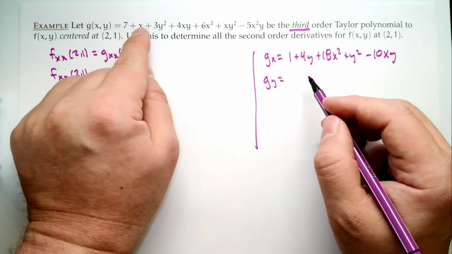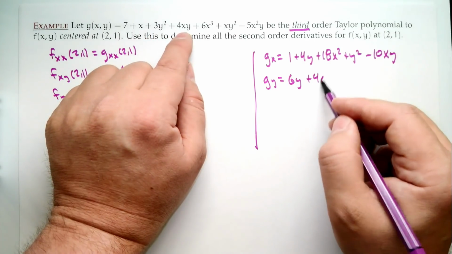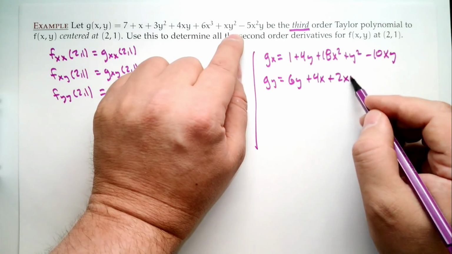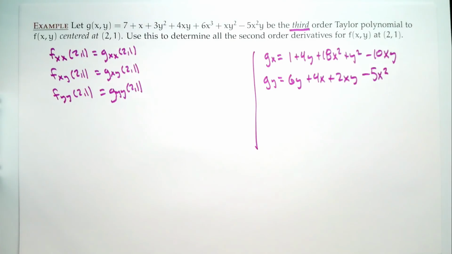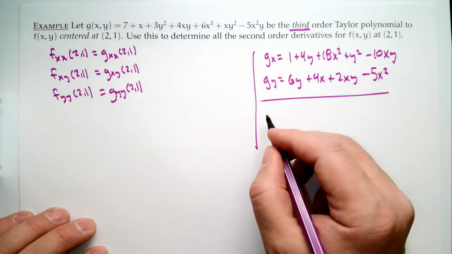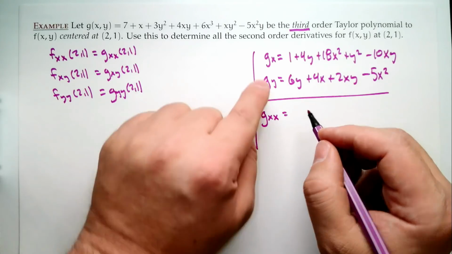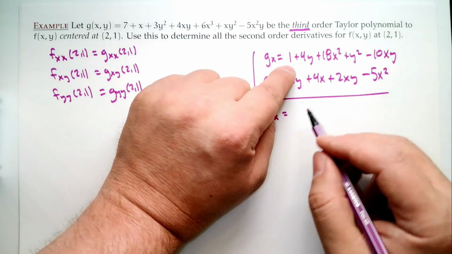So 0, 0, 6y, 4x, 0, 2xy, and minus 5x squared. All right, so that's what we get when we take our first order derivatives. And now we take our second order derivatives. We had to take our first order derivatives to get our second order derivatives, so g_xx. So we come to g_x, and we just read off what happens when I take the derivative with respect to x.